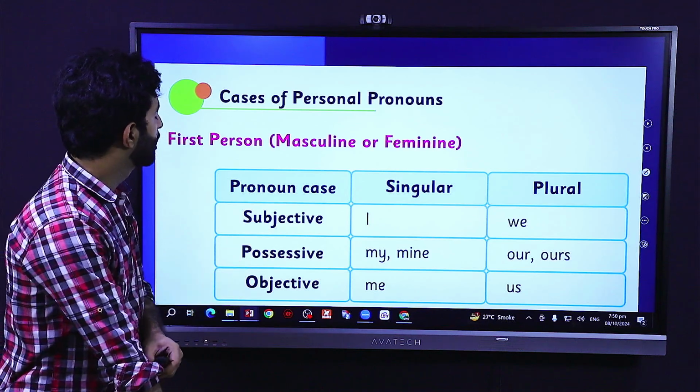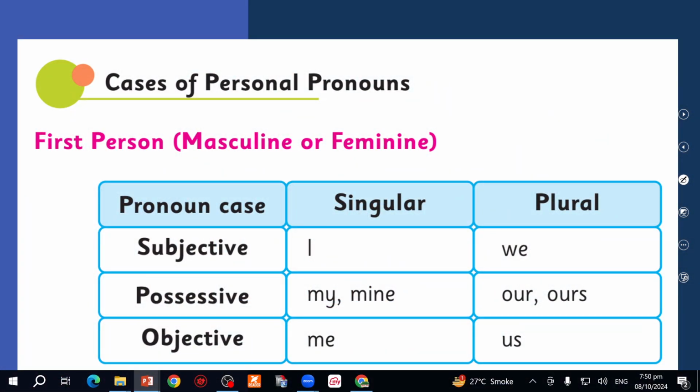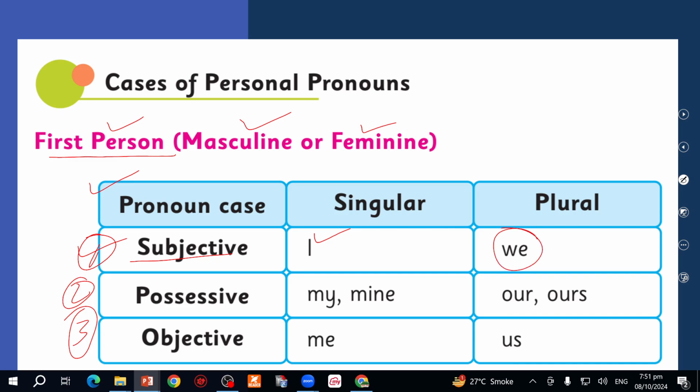Now, let's look at pronoun cases in a table. So first person, whether it is masculine or feminine, we have pronoun cases: subjective, possessive, and objective. Now subjective is to show the subject. The singular subject for the first person is I, which I am referring to myself, and the plural will become we. So if it's me and my friend, I can use the plural first person we.